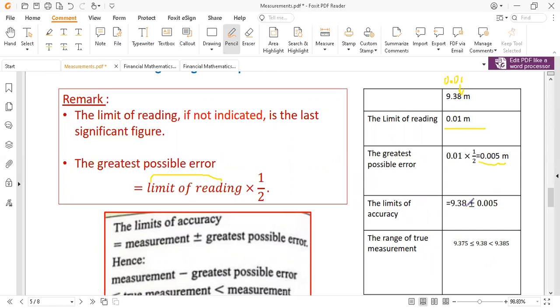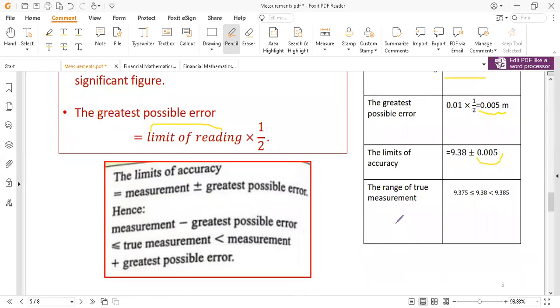The limits of accuracy is the plus minus this greatest possible error. And we can have a mathematical statement to find the range of the true measurement.